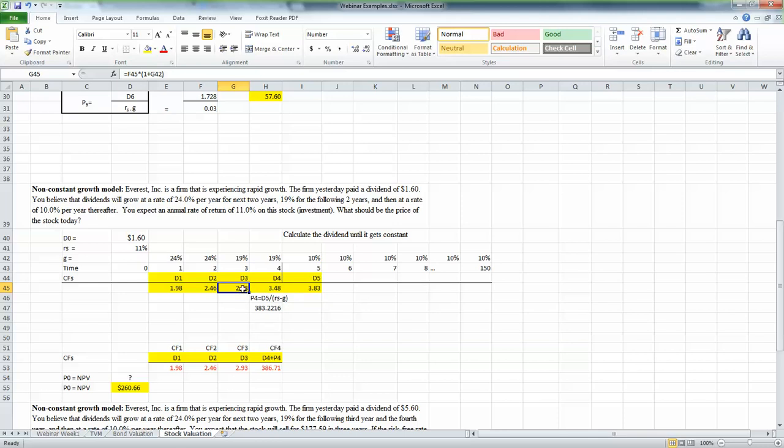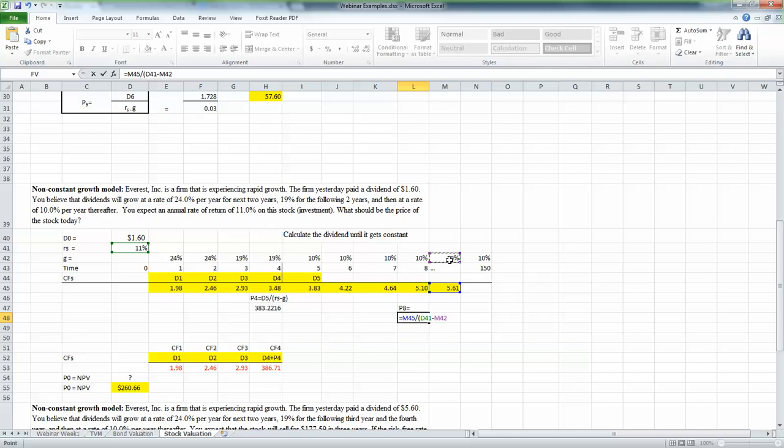Let me show you. Let me just go, I find the dividend. By mistake I went to here, so I'm going to find this one, P8, right? P8 equals this guy divided by 11% minus, make sure you put in parentheses, otherwise it's messed up.